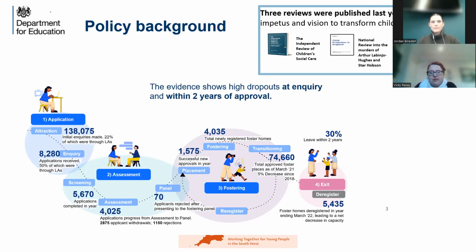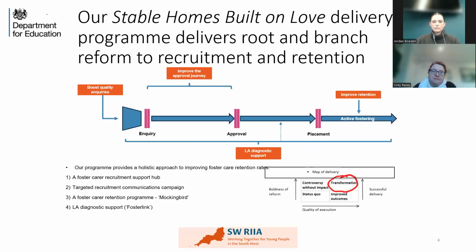And you can see that the statement at the top shows that at inquiry and within 2 years of approval, there's evidence of high levels of dropout. That's where this particular project is targeted, at trying to reduce that level of dropout and increase our number of foster carers and hence our children's placements at that early start of the foster caring journey.